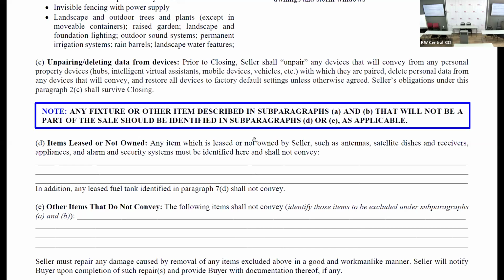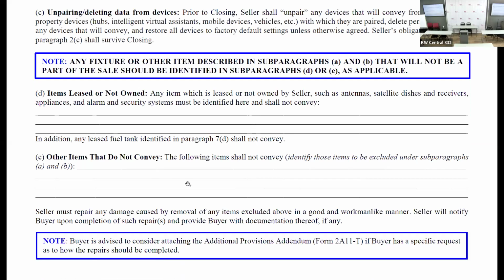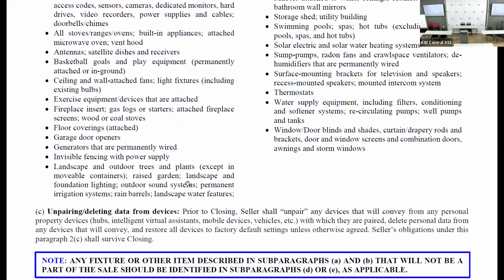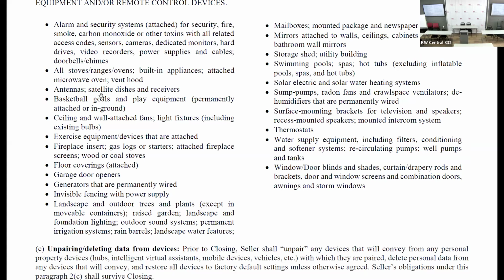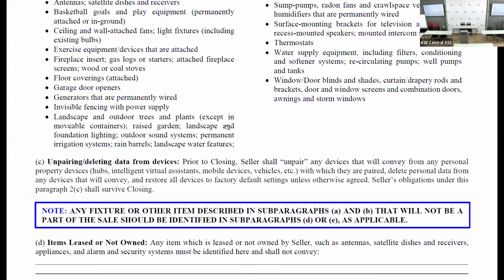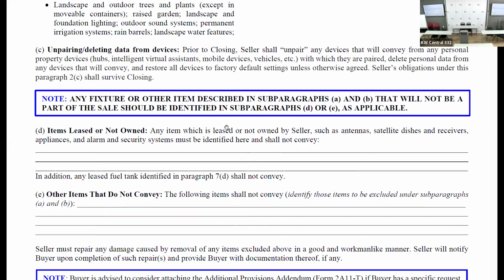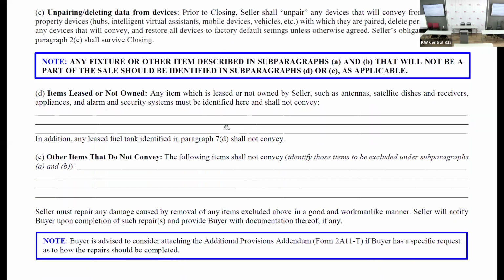And then other items that do not convey are any of these things right here that do not convey and are agreed upon by both parties.